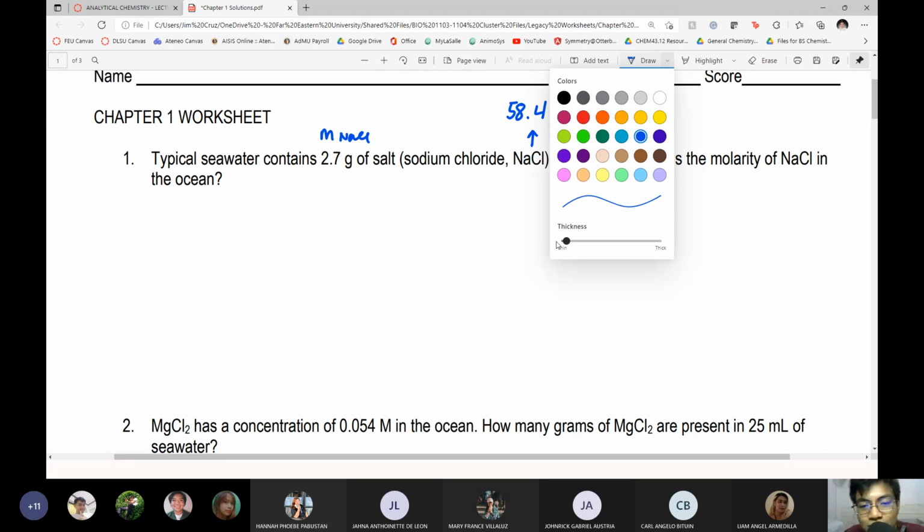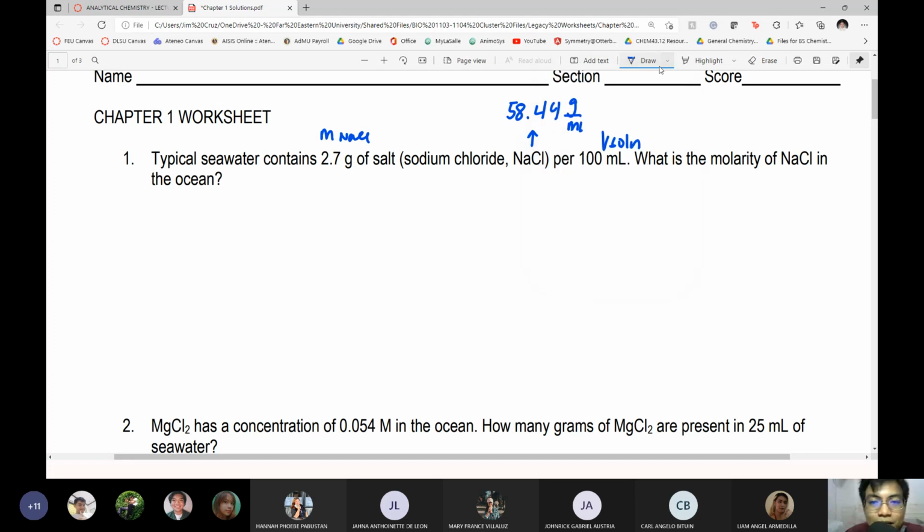Now, you have to convert it into liters pa. Okay, so molarity. What's the equation? M equals moles of solute. In our case, the solute is NaCl. So mass of NaCl divided by the molar mass of NaCl times the volume of the solution in liters.